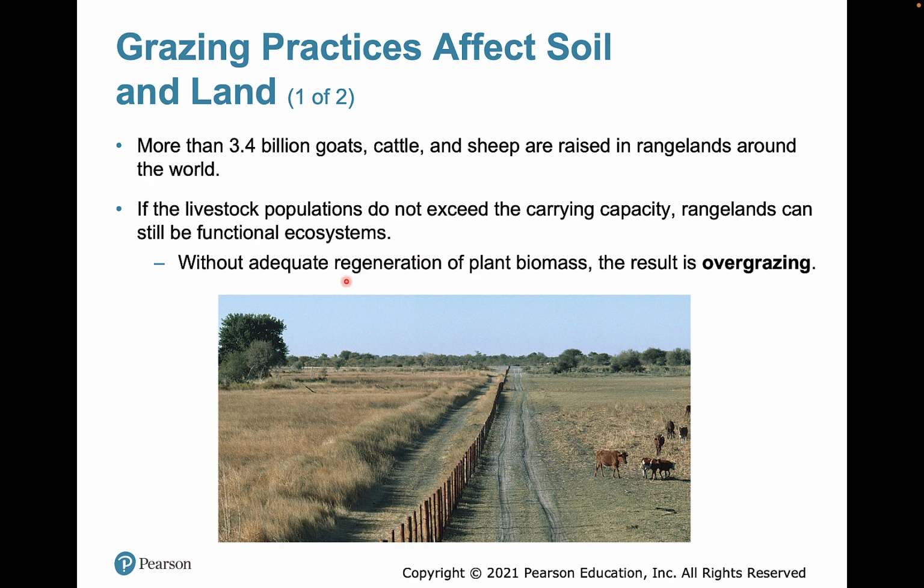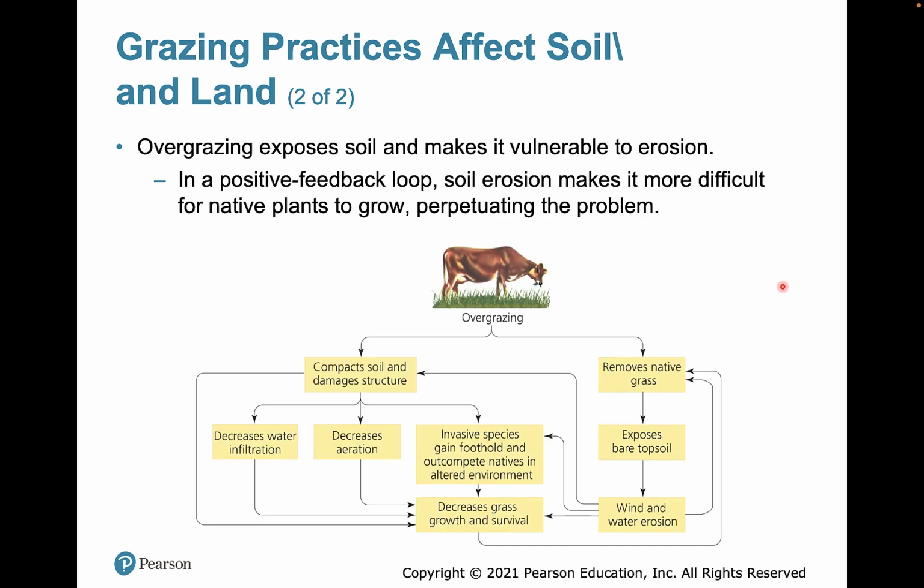If you don't allow the regeneration of plant biomass, what you get is overgrazing. Overgrazing creates a positive feedback loop. If you overgraze, the soil is going to erode, and if the soil erodes, it's not going to allow native plants to grow, which is going to make desertification even more of a thing. So that's a problem.